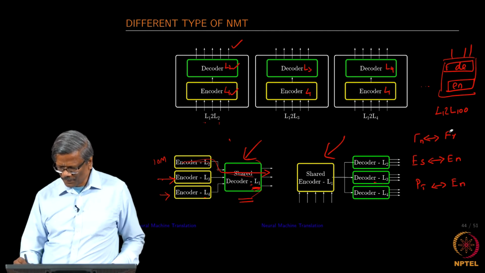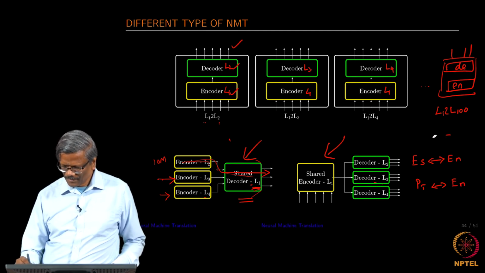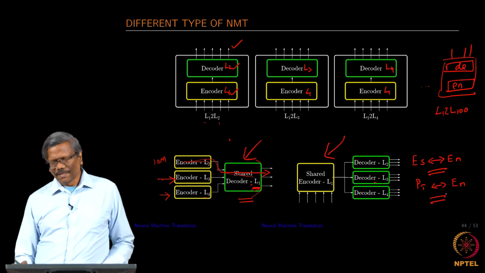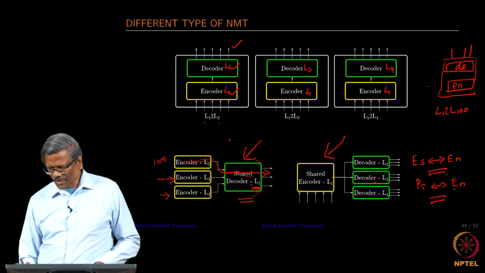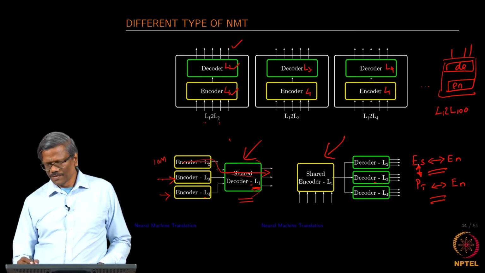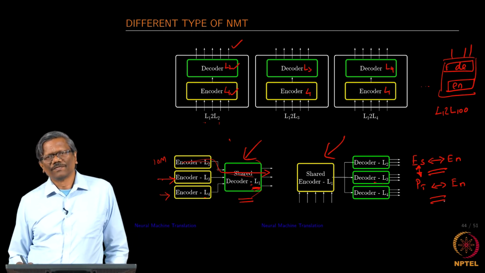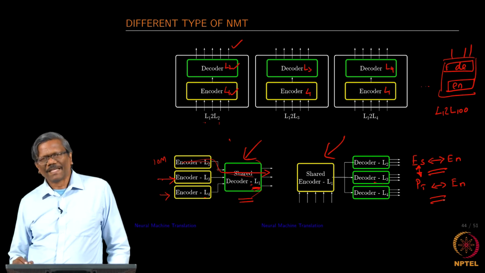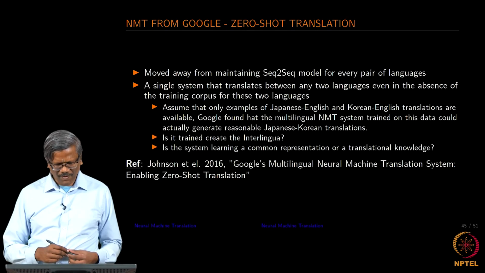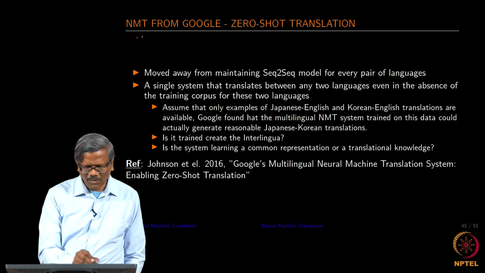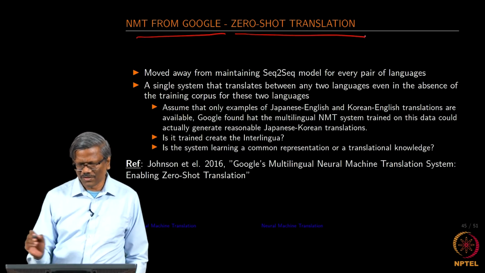Let us take these two pairs, for example. Okay. So, we have learned these two models. Is it possible to do the translation from Spanish to Portuguese without making any changes? That is where some of the researchers worked, and especially from Google, they created something called zero shot translation.